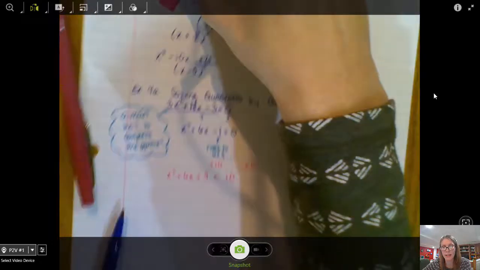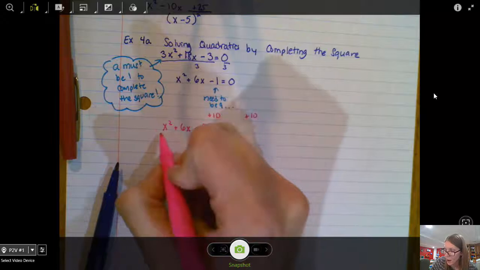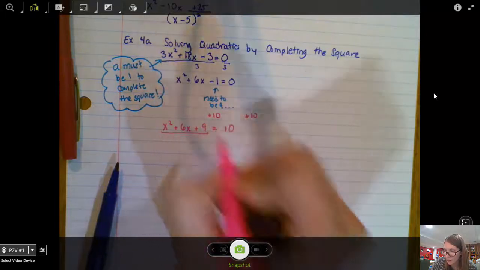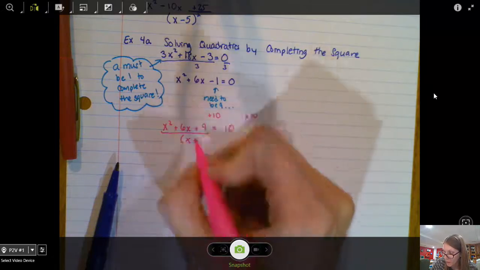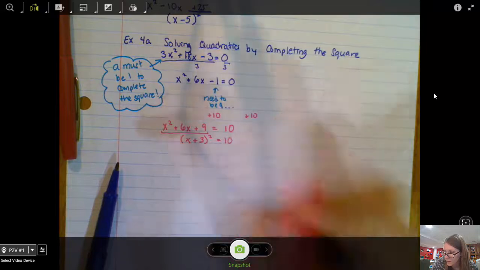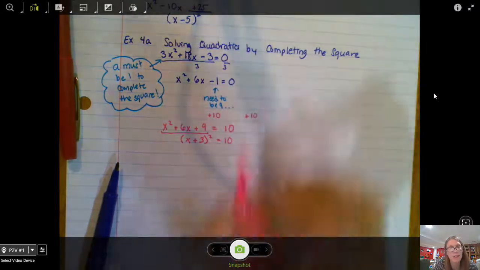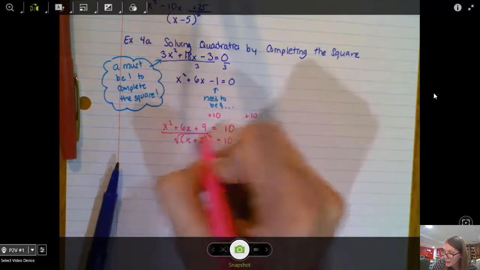I can do that to one side as long as we add to the other as well. Okay, now this x squared plus 6x plus 9, we can write as our perfect square trinomial, x plus 3 squared. And then solve like what we were doing before. I can take the square root of both sides.